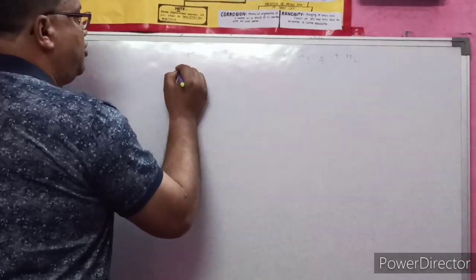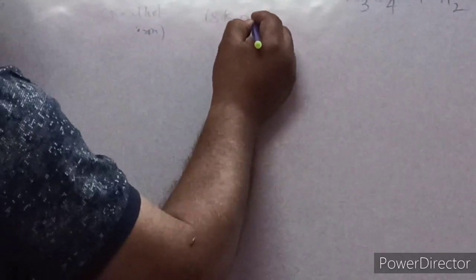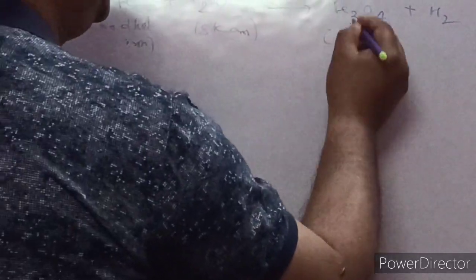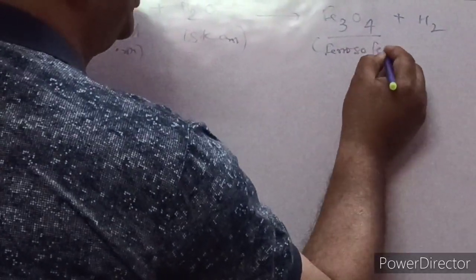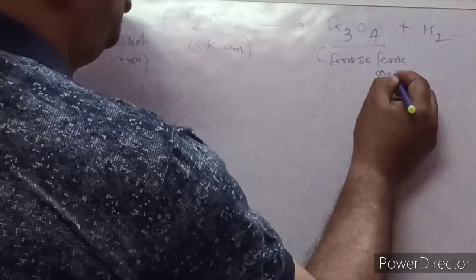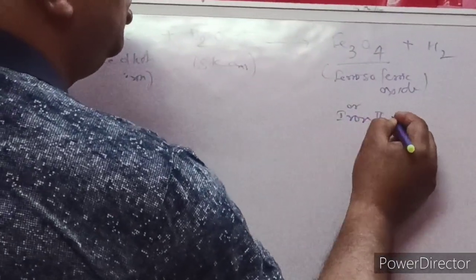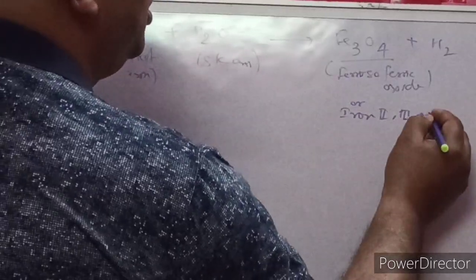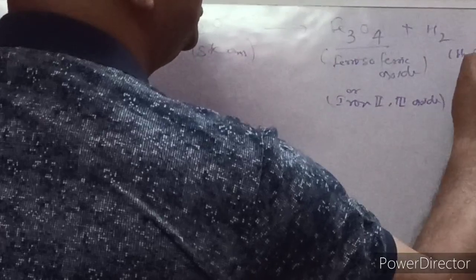This is red hot iron and this is steam. This is Fe3O4, which you call ferric oxide or iron(II,III) oxide, with the liberation of hydrogen gas. This is hydrogen gas.